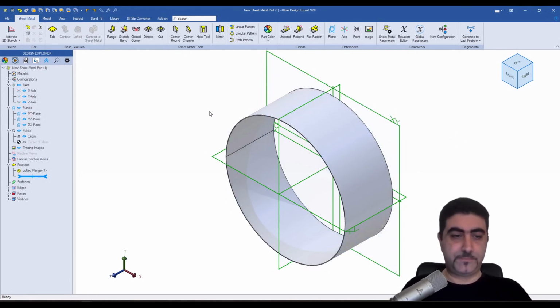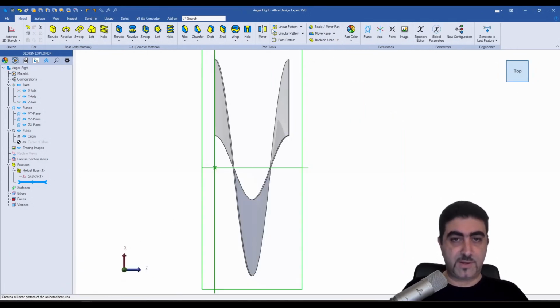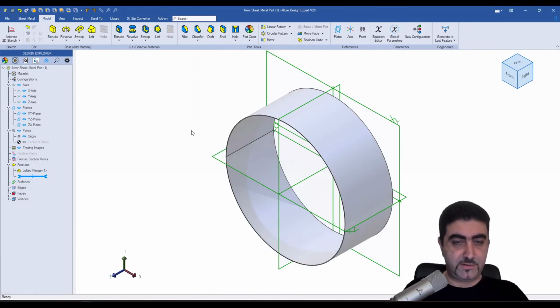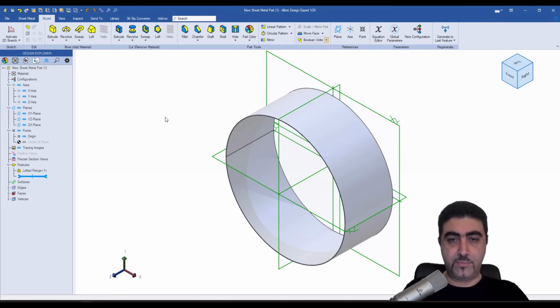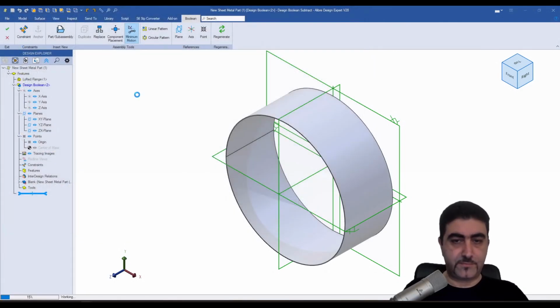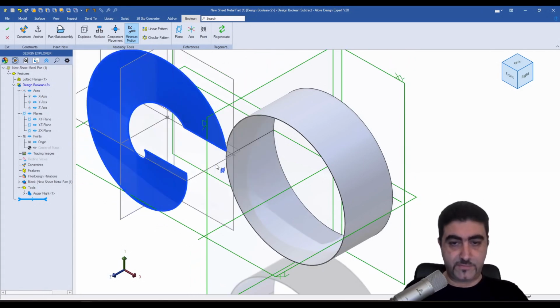So now I will come in here in the model environment. I need to save my auger flight first. Save it here. And I want to go and do a Boolean subtract with that auger flight. Let me show my reference geometry for this.